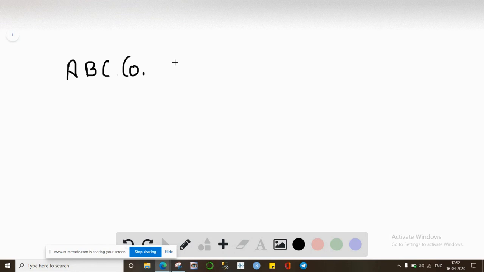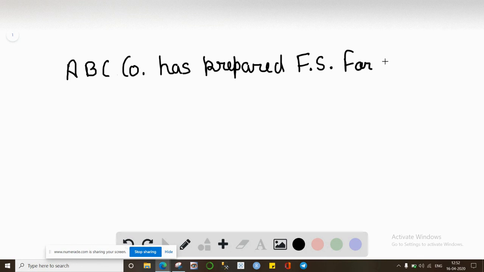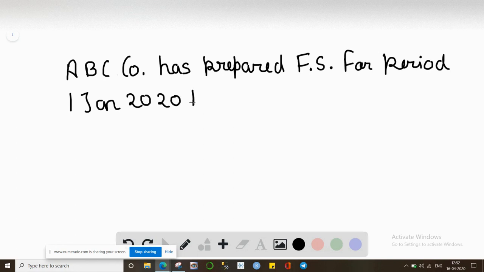ABC and company has prepared financial statements for the period 1st Jan 2020 to 31st December 2020.